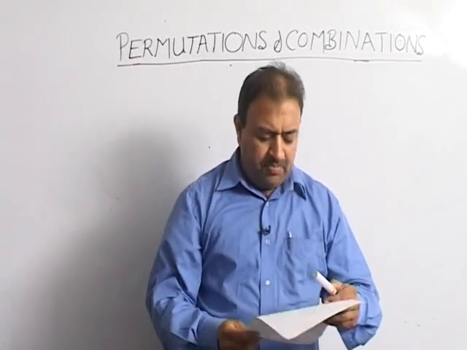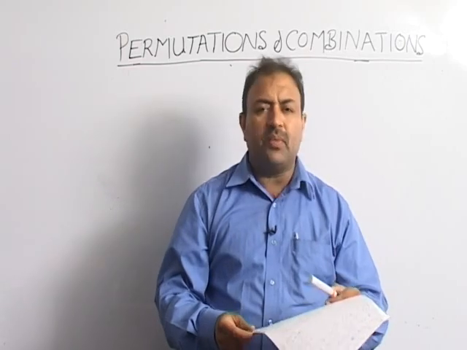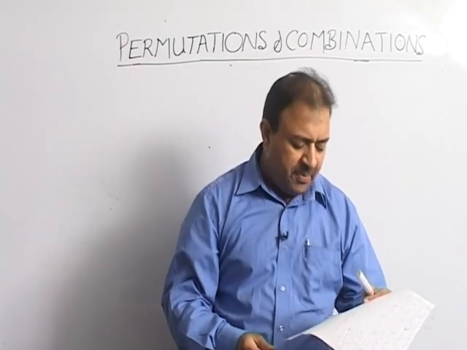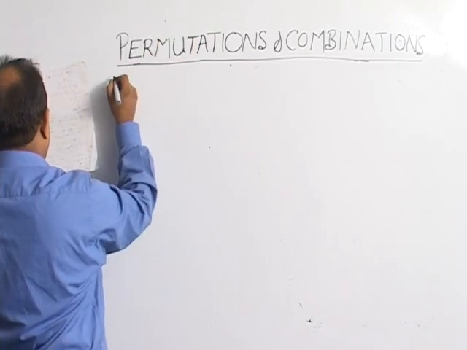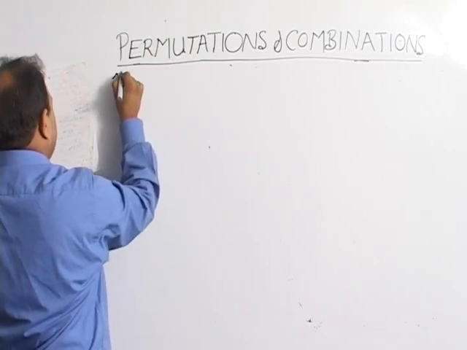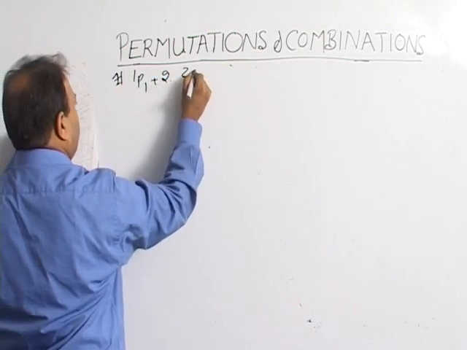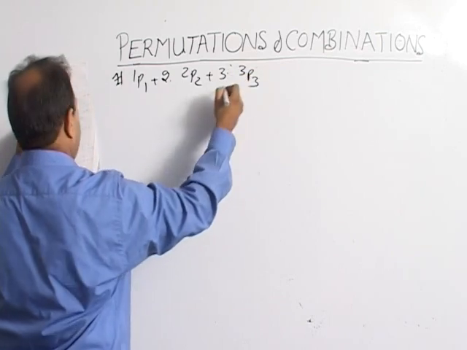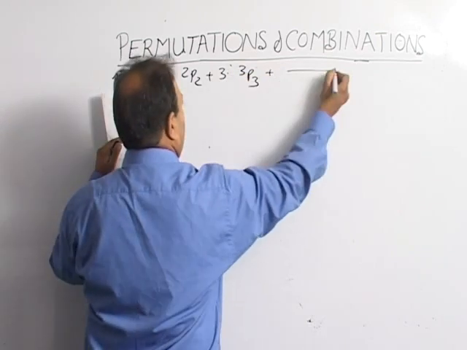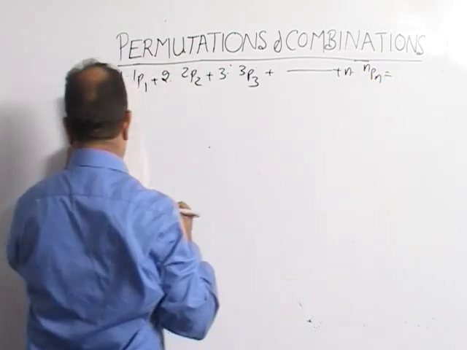Now the next problem, based on this, is not a binomial coefficient problem, it is based on nPr. The problem is: if 1P1 plus 2 into 2P2 plus 3 into 3P3, going up to n into nPn is equal to what?